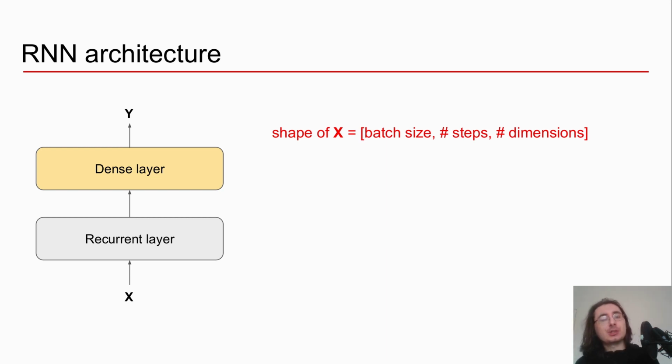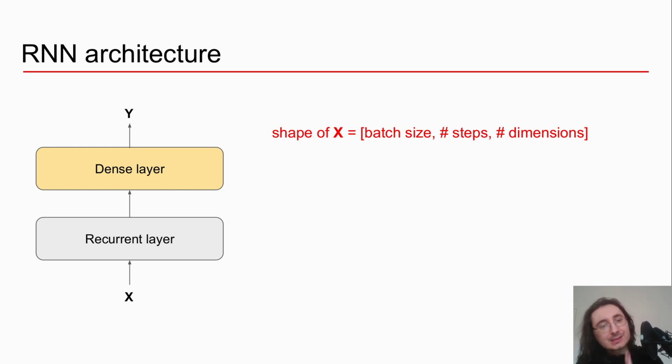And the third dimension is the number of different measures that we have in the sequence itself. For example, in the case of a waveform, which is a univariate time series, this third dimension would be equal to 1. In the case of the MFCCs with 13 coefficients, we would have 13 here, and that's a multivariate time series. Remember that.